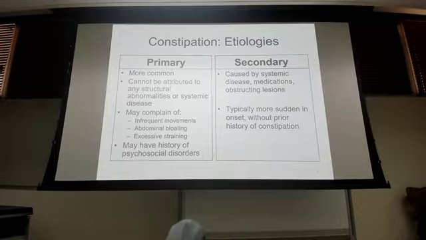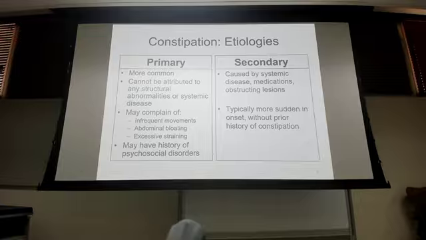Iron, opioids. I know that we've had that in pharm first semester. Opioids, sometimes you have to give a laxative for your patients that are on chronic opioids or short-term high-dose opioids because it causes constipation. Iron, anticholinergics, hypothyroidism can cause it.